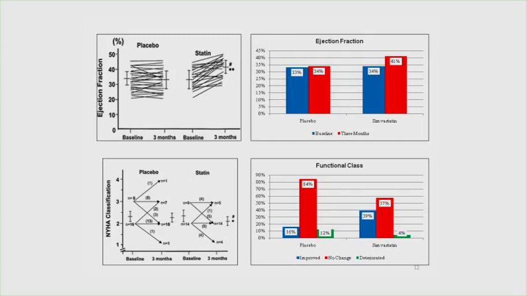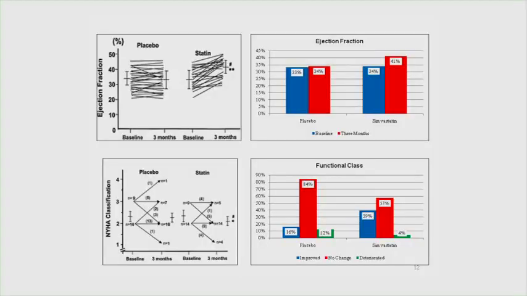Ejection fraction rose minimally with placebo therapy. It rose considerably from 34% to 41% with statin therapy. Functional class improved in a fraction of patients with placebo therapy and in 40% of the patients receiving statin therapy. So in this randomized double-blind study, statin therapy was helpful.